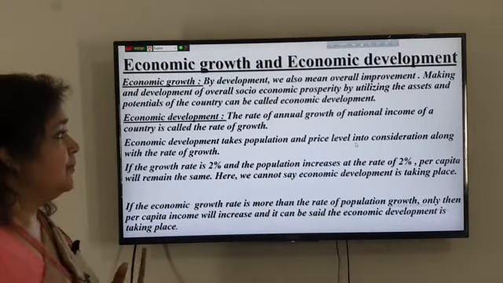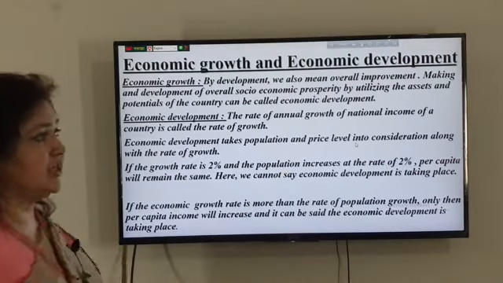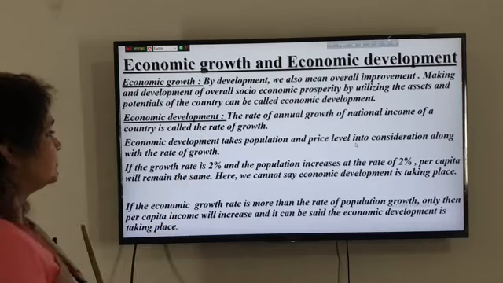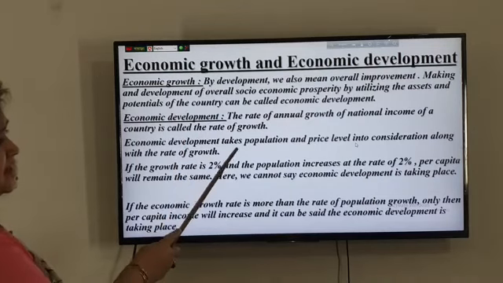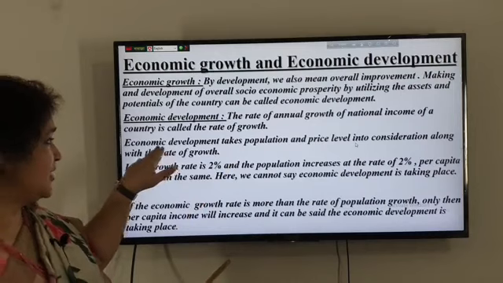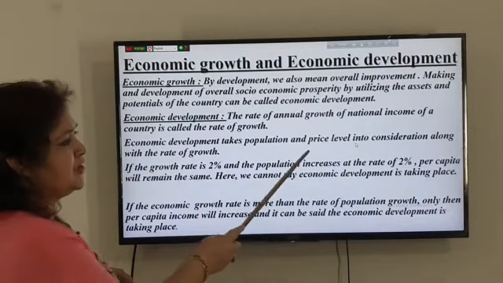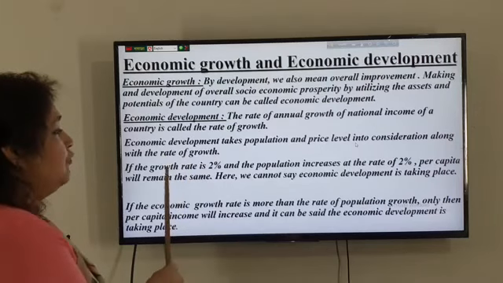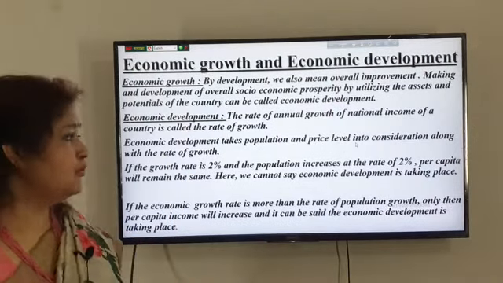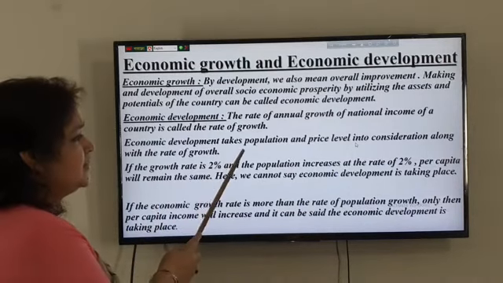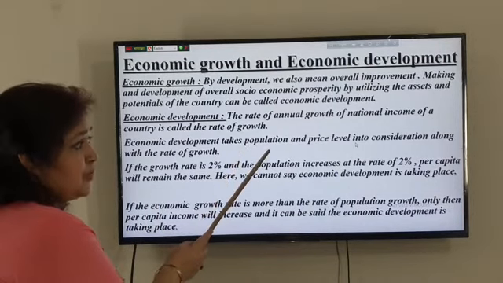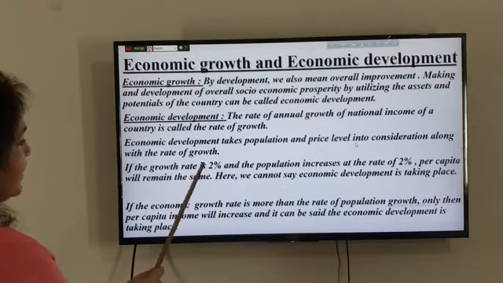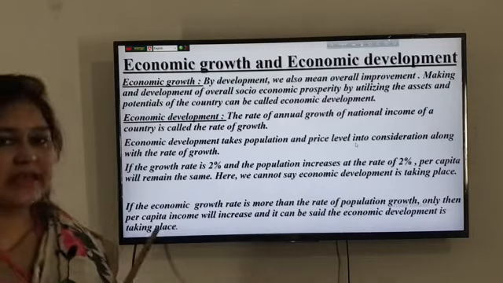The increase or annual growth of national income will be counted here. Now, economic development takes, as I have said, population and price level into consideration along with the rate of growth. There is an example.